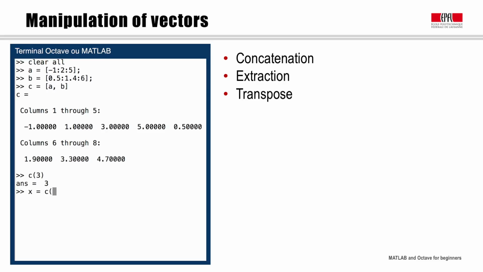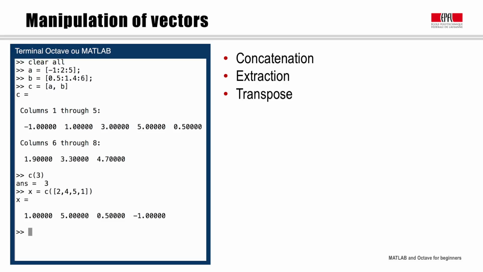For example, I want to take the second, the fourth, and the fifth entries of c. So this is how I can extract those entries, and I have my new vector x, which is a subset of the vector c. So I have these 4 entries of c that I have extracted.